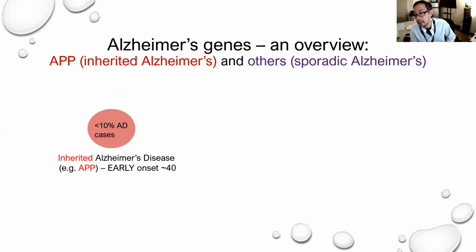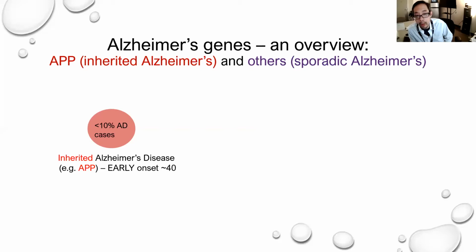And so we need to discuss the two primary forms of Alzheimer's disease. There's an inherited form, which involves the gene APP, and a sporadic form, which involves other genes. The inherited form of Alzheimer's disease results in early onset. Individuals will start to see symptoms at about age 40.